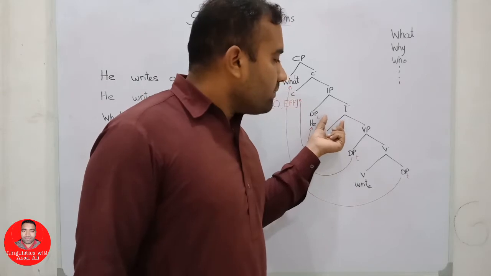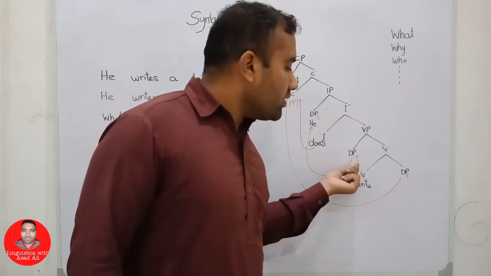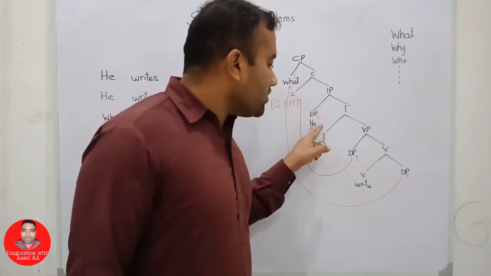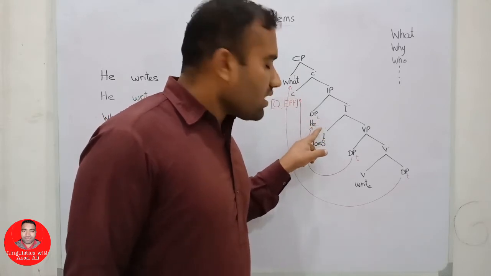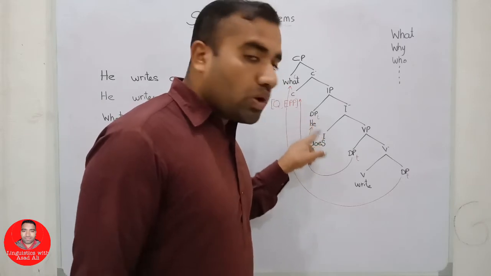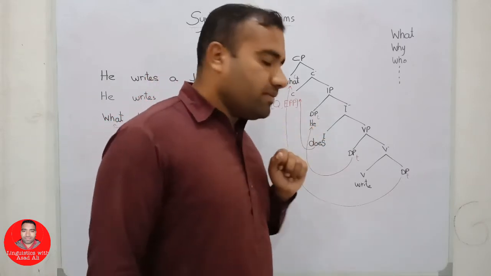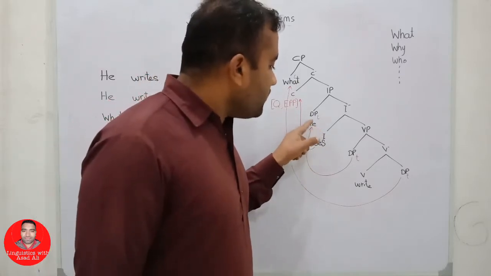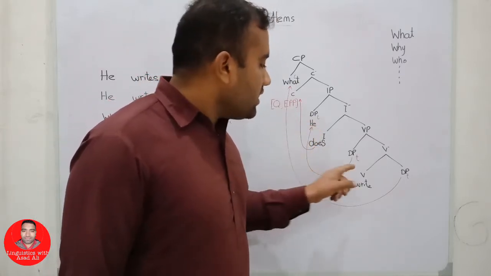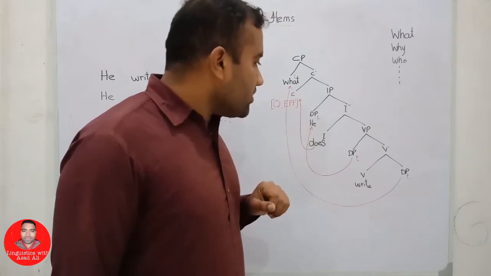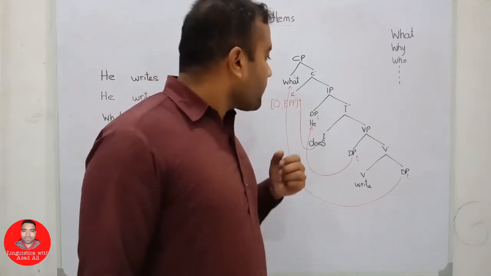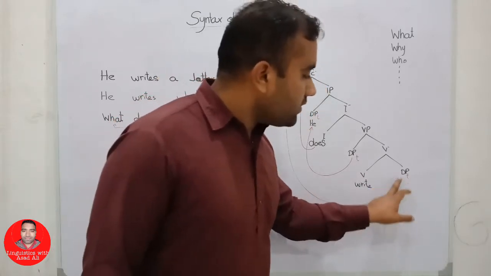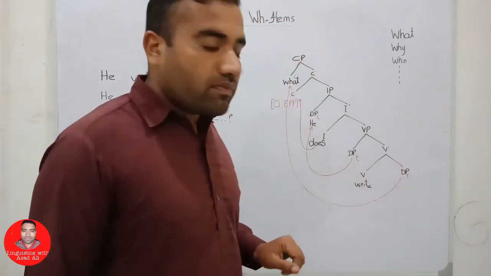For case marking, this triggers this lower DP and takes this DP at its specifier position, and at this position his case has been marked at the local domain. And the question is that this is the local operation, this is also the local operation, and we have the word what at this position.